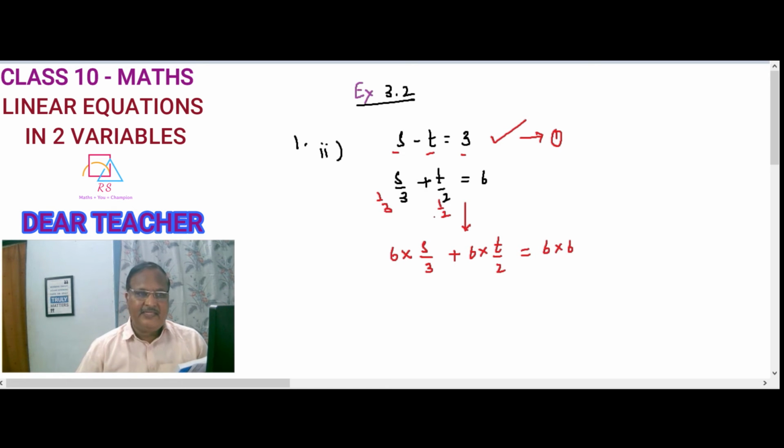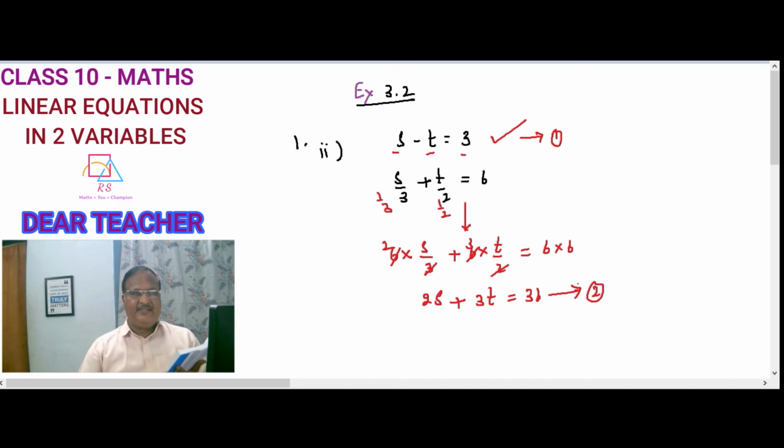You take the LCM of the denominators and multiply every term of that equation with it. Then the denominators get cancelled, and we get 2s plus 3t is equal to 36. This is the final second equation.